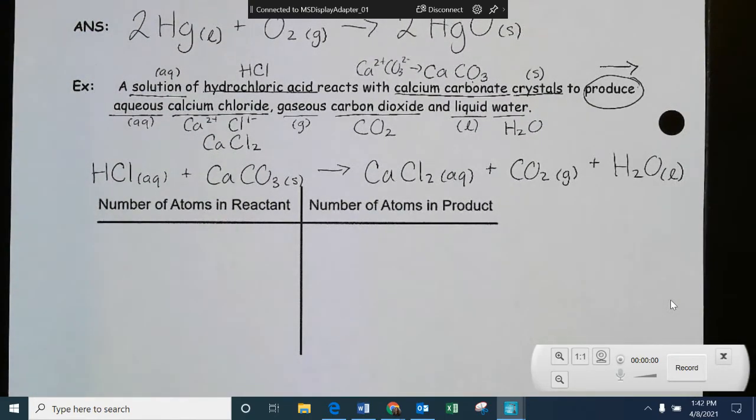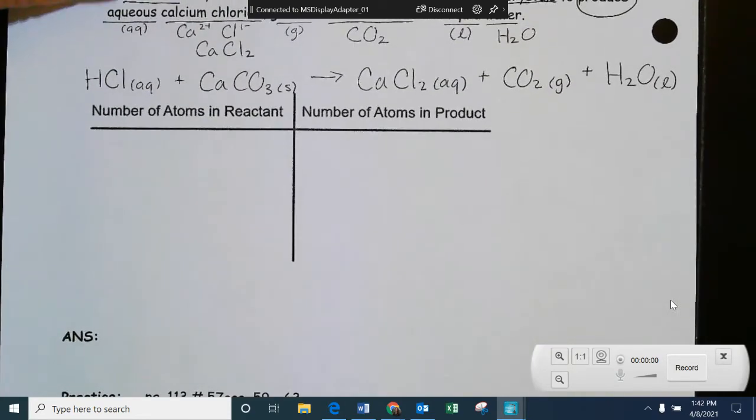Okay, and then after we've done all of that work, we're going to balance it and write the answer. Okay, so I'm going to get you guys to go ahead and give this balance a go.